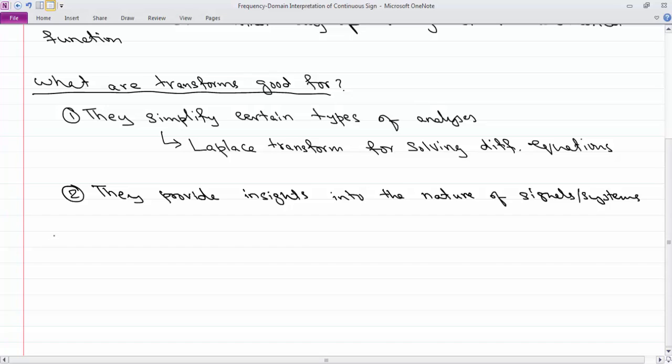Why? Because the question is what domain. If you are talking about a transform domain, what domain should we go to in order to understand time domain signals?